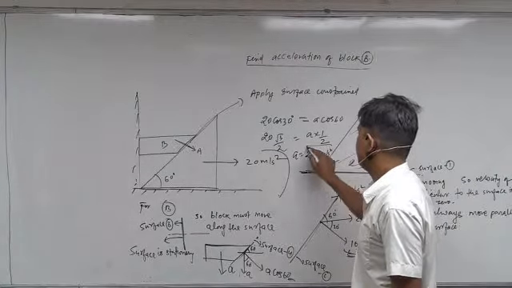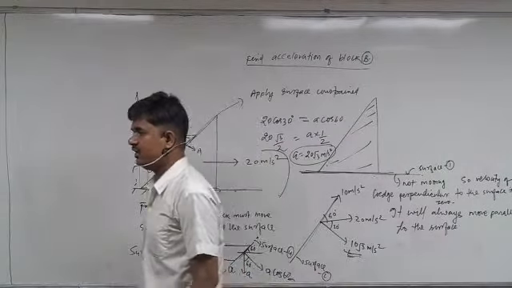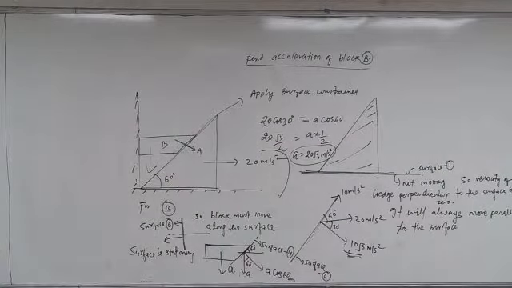That means this is falling down with 20 root 3 meter per second square. So this is how you have to approach this problem. Note it down.